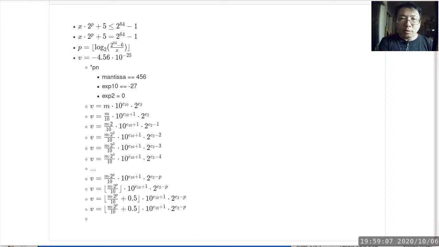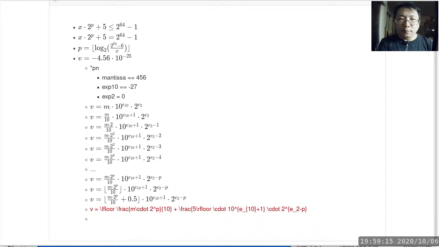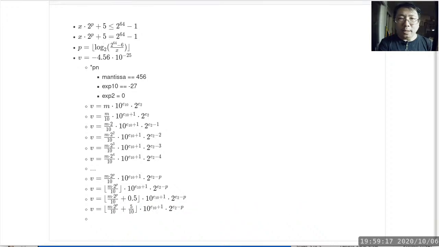Well, you can always change the representation of the 0.5 to 5 divided by 10, right? But that's not going to solve the problem, because if you do an integer division of 5 divided by 10, that's just going to give you 0. It's not going to do a single thing.